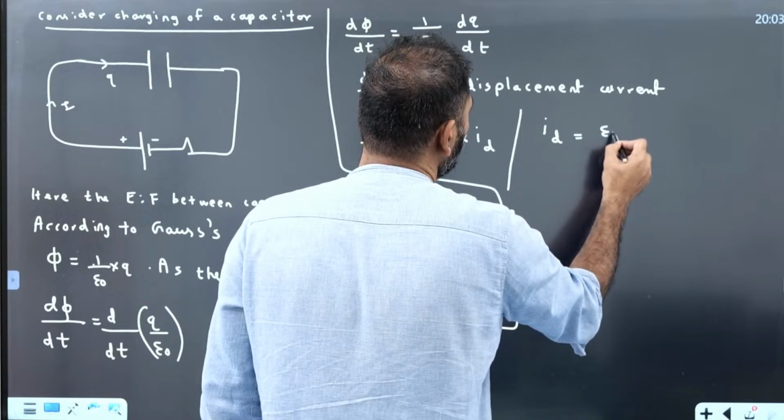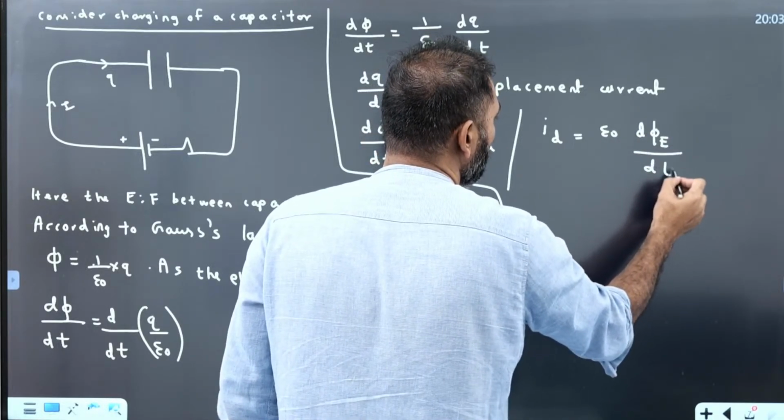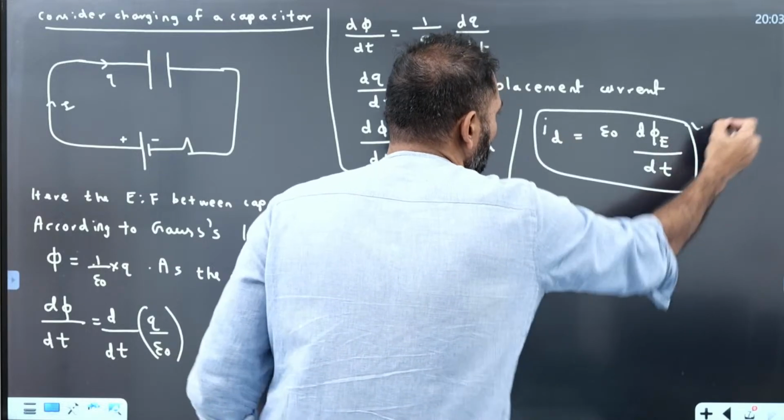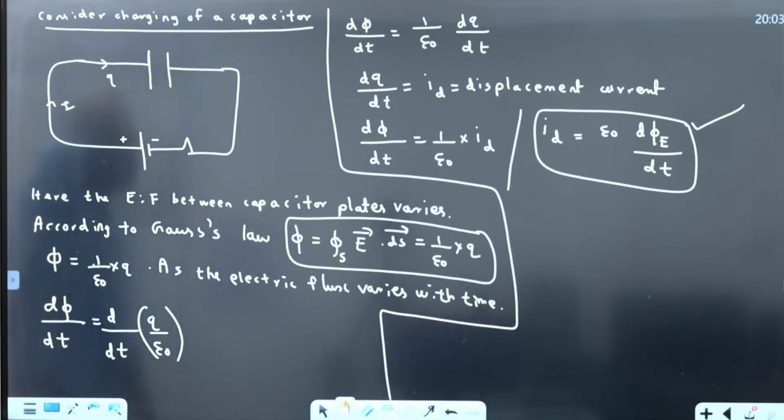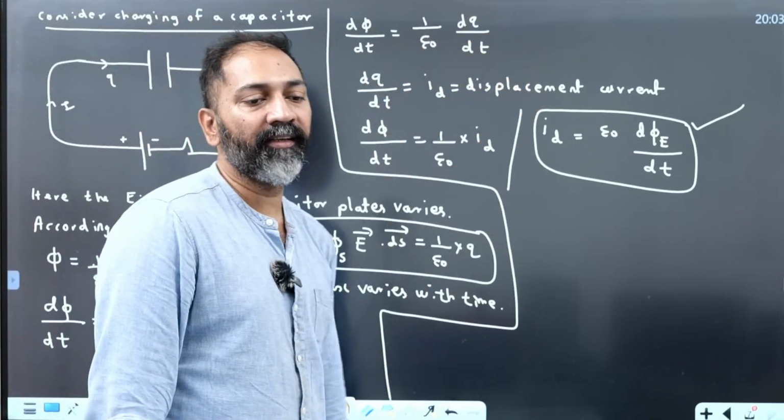Displacement current is equal to what? Epsilon 0 d phi by dt. This is the equation for displacement current. I hope you got it. dq by dt is rate of charge flow. That is a current. That current is what? Displacement current.